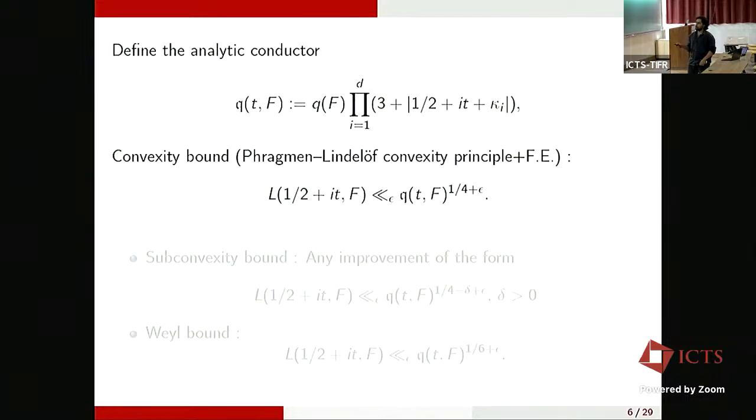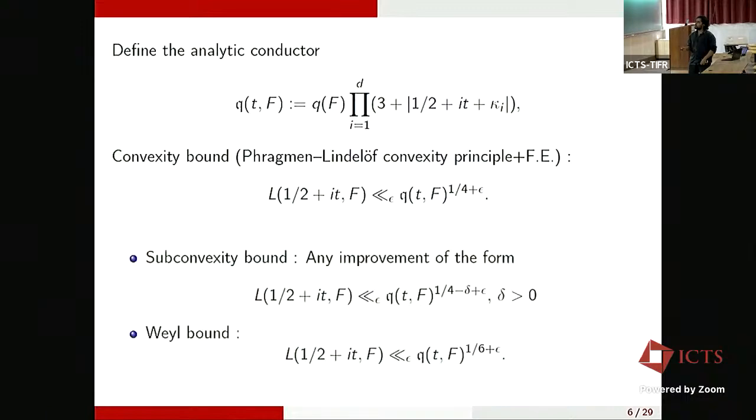This is what we call the convexity bound, and a subconvexity bound is any improvement over this exponent 1/4. By a Weyl bound we mean a bound which is the analytic conductor to the power 1/6. This is much stronger than just any subconvexity bound.